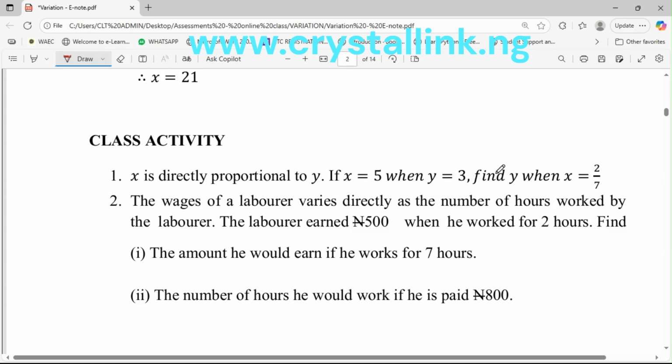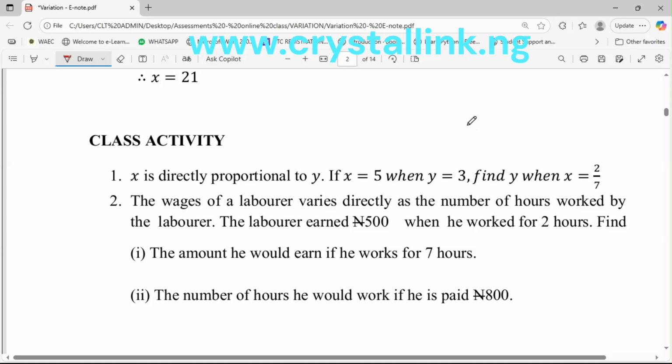I believe you should be able to. Number two says the wages of a laborer varies directly as the number of hours worked by the laborer. So the laborer earned 500 when he worked for 2 hours. Then we now have the other questions. What do you do here?